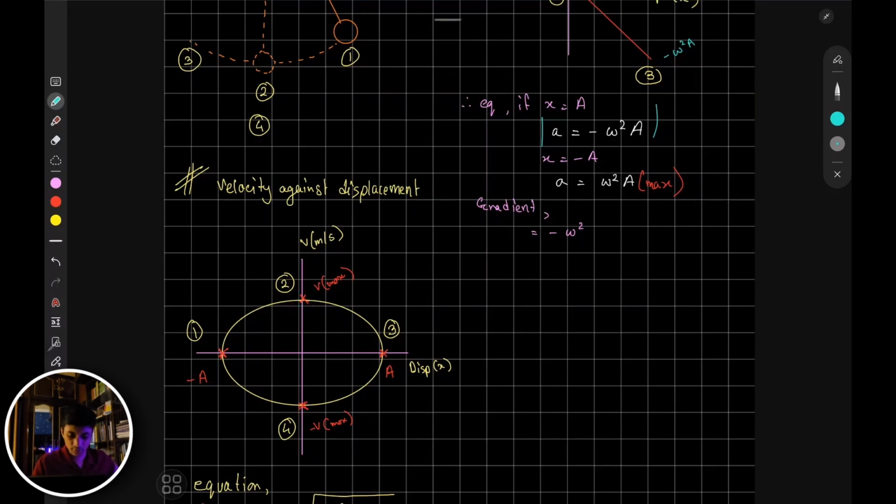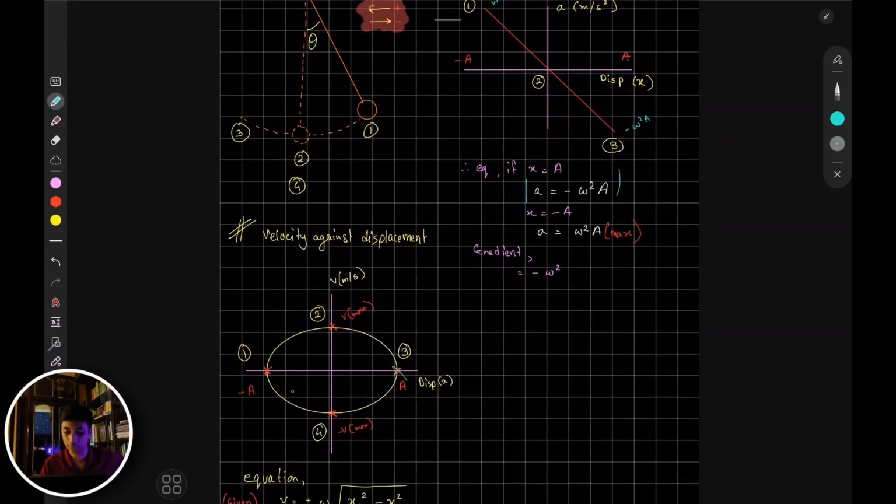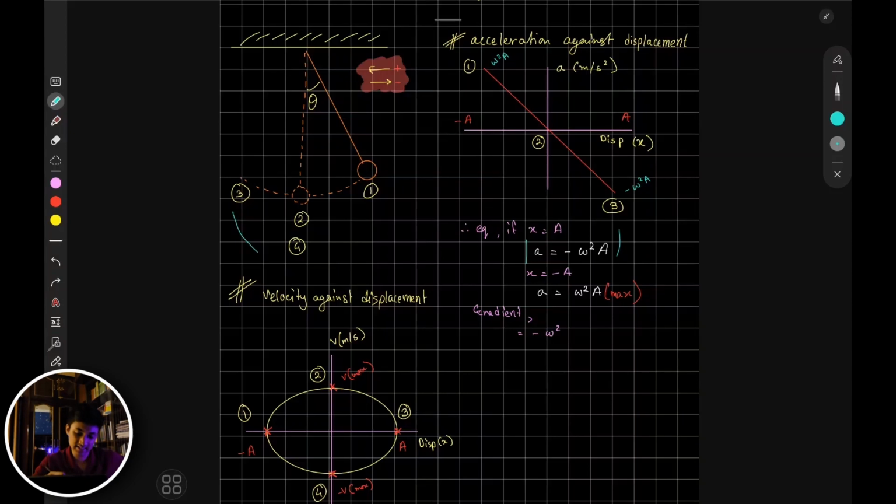Graph. So next, if we look at position 3, what's happening over there? The velocity is again 0. Great. So we plot another point, which is on the x-axis at A, because it's the maximum displacement. Next, the bob is coming back, moving in which direction? Rightwards. Rightwards is negative.